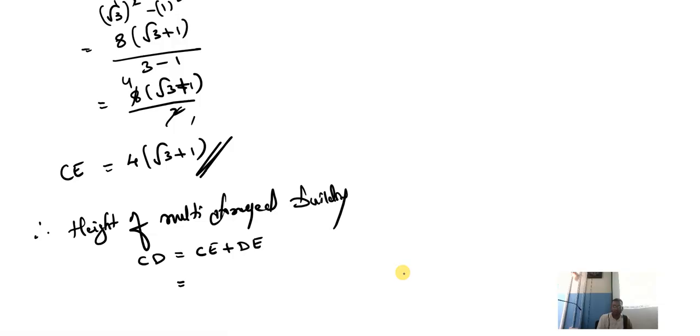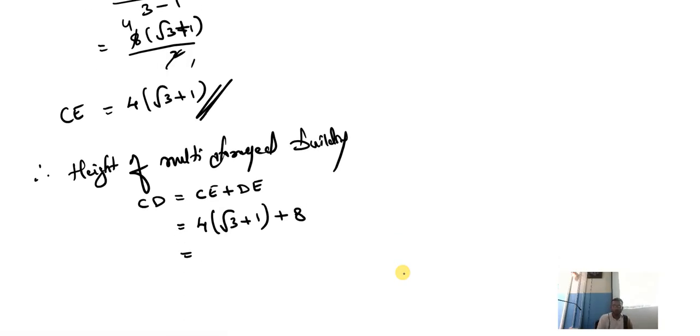Now the value of CE is 4 into root 3 plus 1, plus the value of DE was 8. Now 4 into root 3 is 4 root 3, plus 4 ones are 4, plus 8. Now number we have to add with number, root we have to add with root.